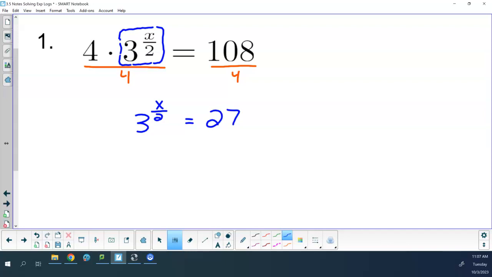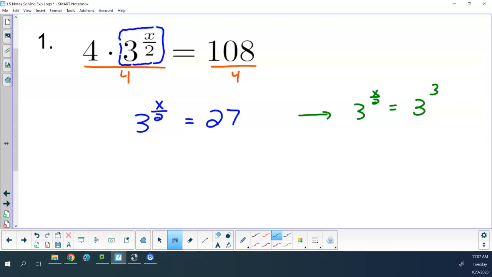Now, I have two options. Okay. One of the options happens some of the time. The other option happens all of the time. The some of the time option is I could write this as 3 to the x over 2 power equals 3 to the 3rd, because 27 is 3 to the 3rd power.